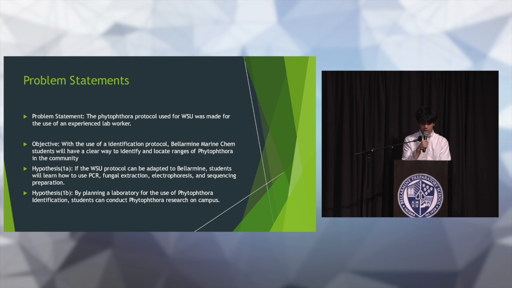By making a clear way to identify and locate its range, students can learn how to prepare and identify it. So my goal was to adapt the WSU protocol to Bellarmine. Students will learn how to use their skills and develop in biotech. Also, I designed a laboratory space for the use of identification on campus.